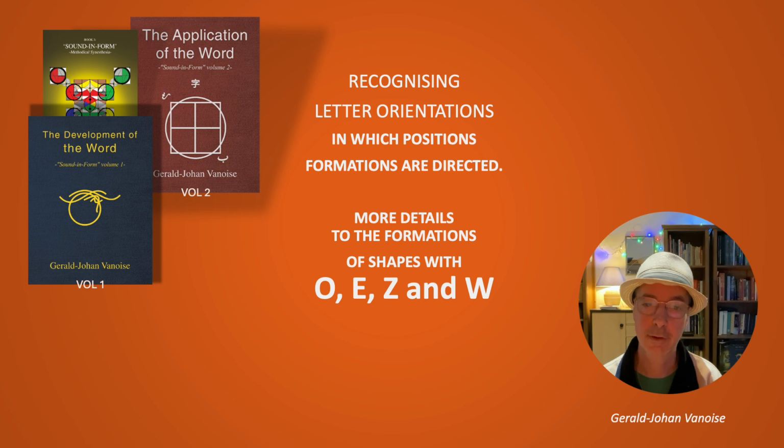In the previous video I explained to you how certain positions that you can have as recognition positions of orientations of letters in a time and space schedule of references. These positions also have a tendency to where certain forms can be imagined.